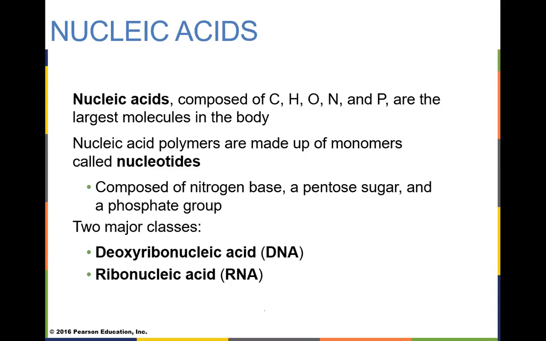Nucleic acids are made up of monomers called nucleotides, and all the nucleotides have the same basic structure. The nucleotide will consist of a sugar, a ribose, or some sort of 5-carbon sugar that looks like this.